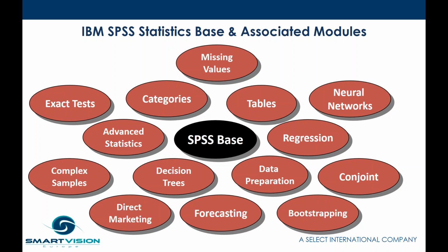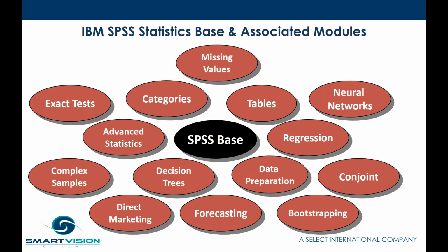A very common question that people ask is how they can identify what modules they've got installed within SPSS. If you look at our website, there's information about how you can do that. Typical modules you would get are things like advanced statistics, which includes a number of multivariate procedures from the ANOVA or generalized linear modeling family.